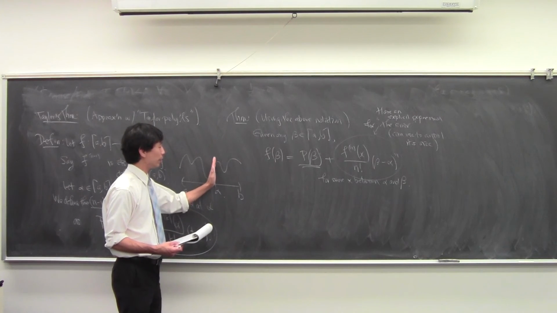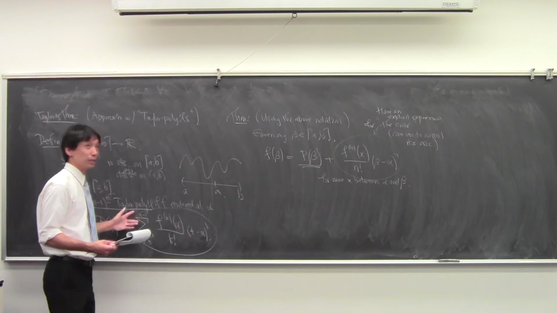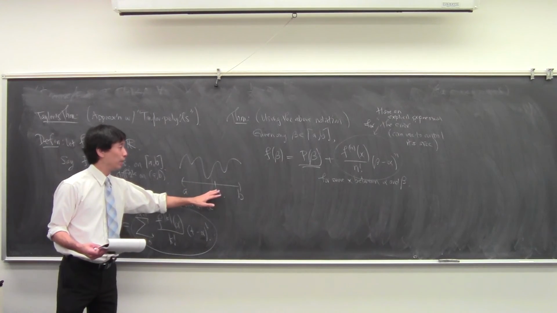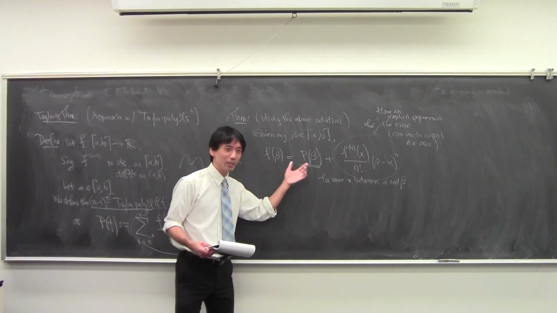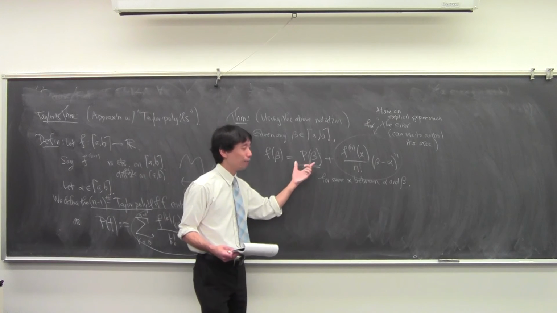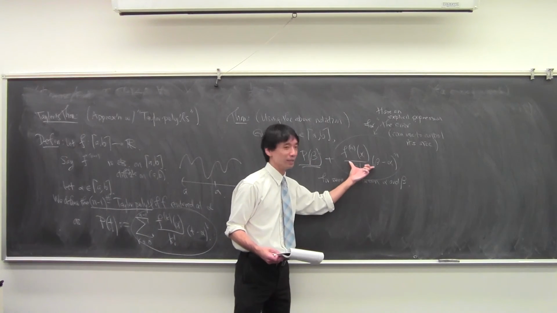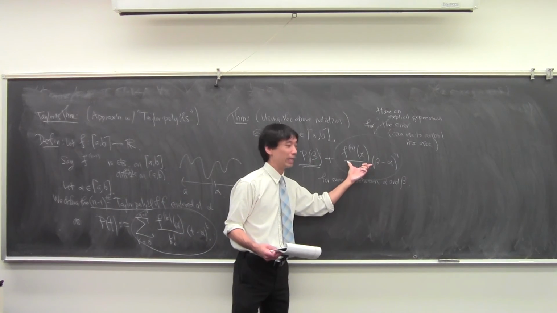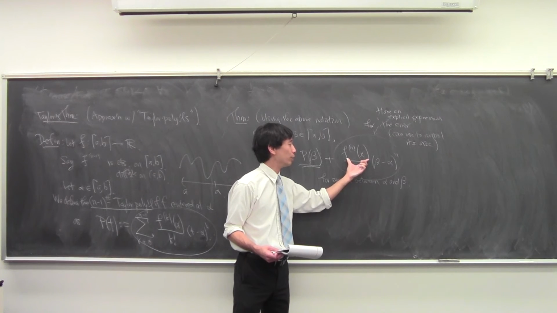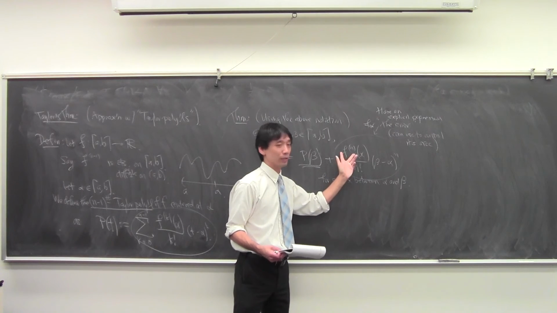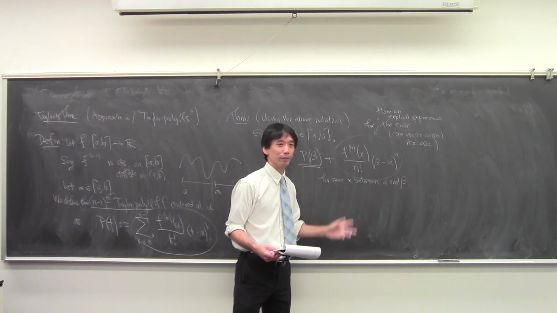That says that your function is basically a polynomial. But your function isn't a polynomial, so how wrong is it? It turns out that this is how wrong it is. The error can be controlled as a function of the nth derivative.